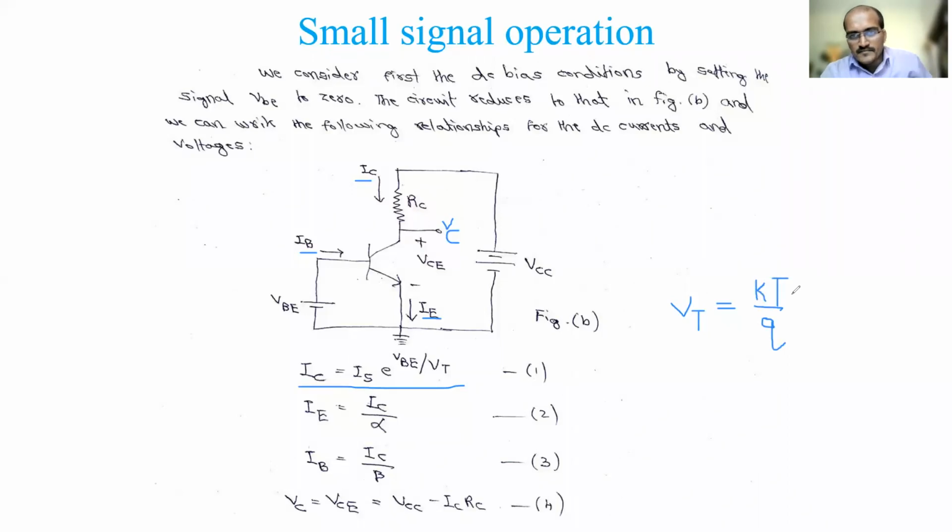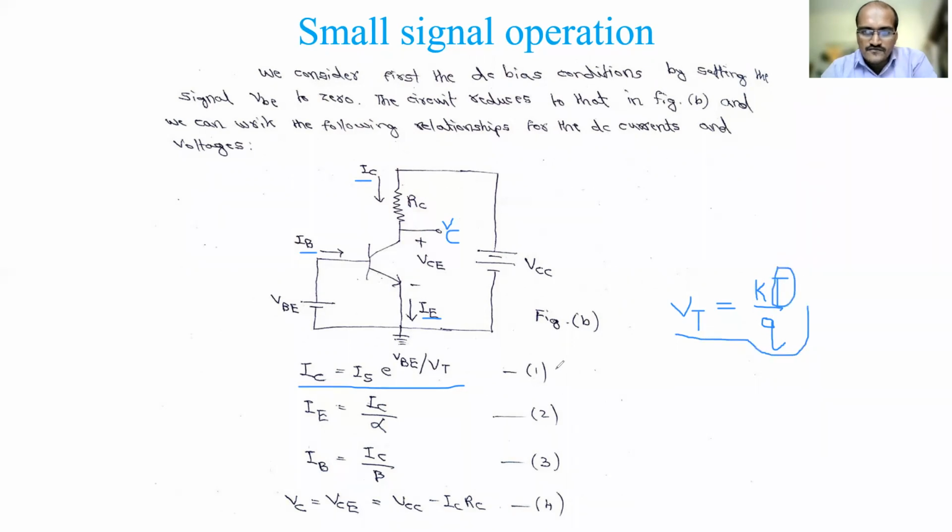If we consider room temperature as 27 degrees, then 273 plus 27 gives you 300 Kelvin. And Q is the charge of an electron. Because it is a semiconductor device, the charge is 1.6 times 10 to the power minus 19 coulomb. If you substitute that, you will get the VT value, and it purely depends on the temperature here. K and Q are constants, only T is the variable.